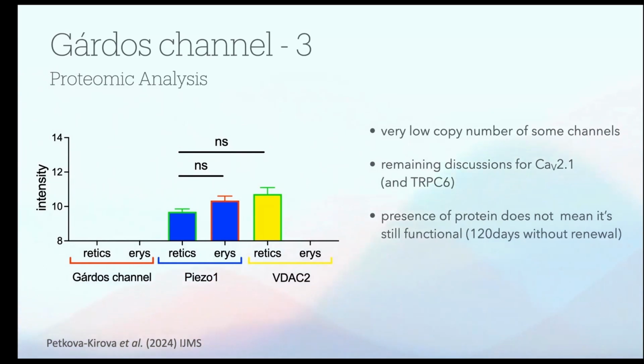And what you also need to keep in mind is that if the protein is present in the red blood cells, and you may detect it by proteomic or other molecular biology analysis, it does not mean it's still functional. Because as I said before, and as we all know, there's no translational activity, and in principle, there is no renewal within the 120 days average lifetime of the red blood cells.